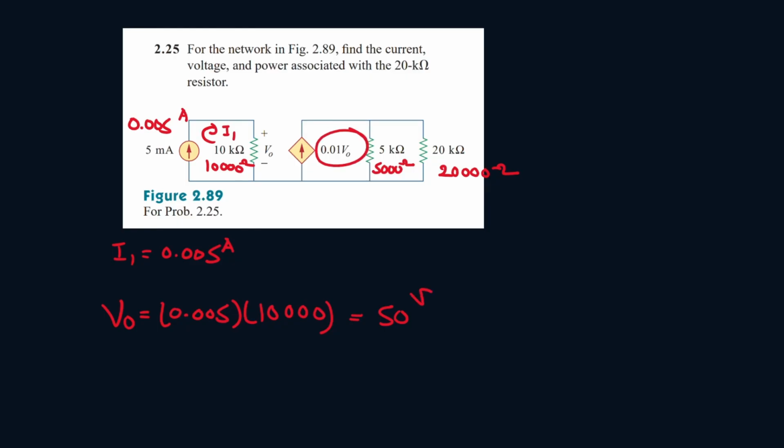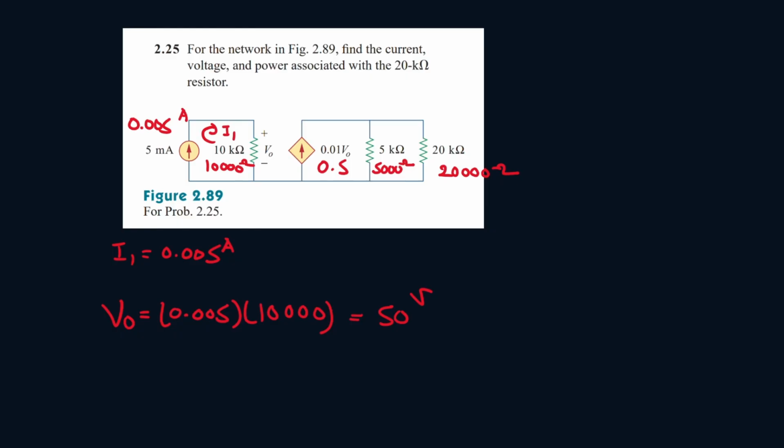And we can plug that into here, so we can find the dependent current here. So it'll be 0.001 times 50, which is 0.5.